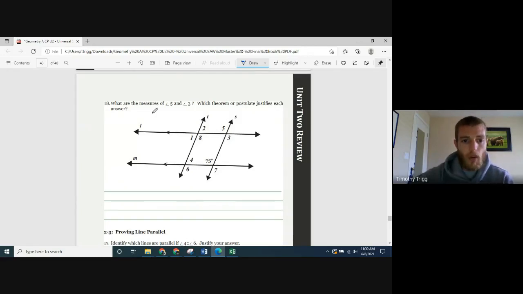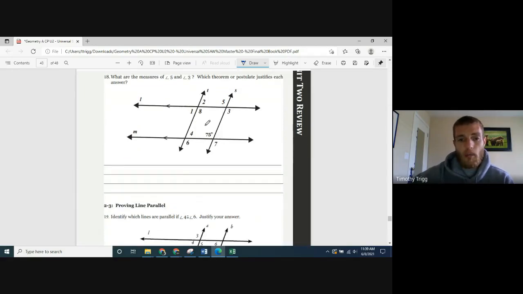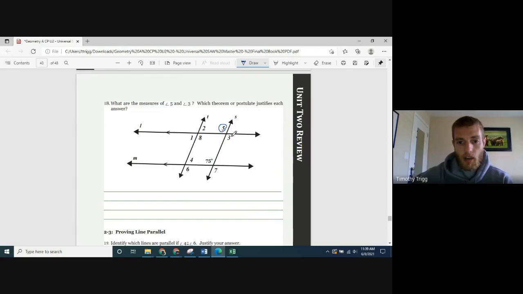Question 18. What are the measures of angle 5 and angle 3? Which theorem or postulate justifies each answer? So here's angle 5 and here's angle 3. And they only give us that this angle right here is 75 degrees. So we know that this is 75 degrees. And we also know that L and M are parallel to each other, right?